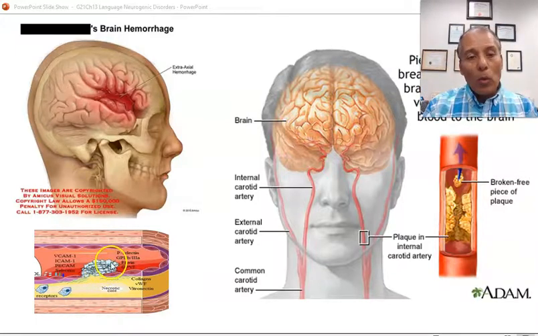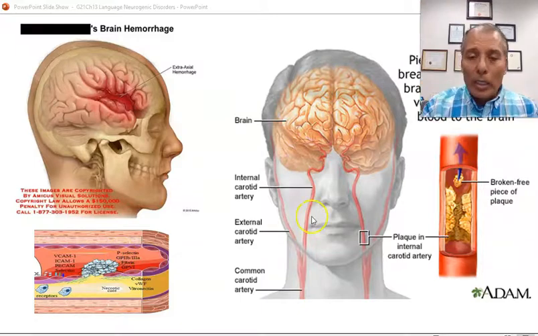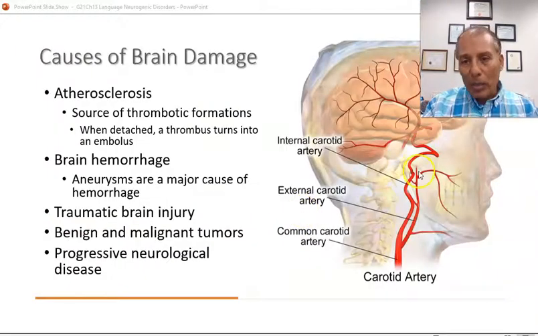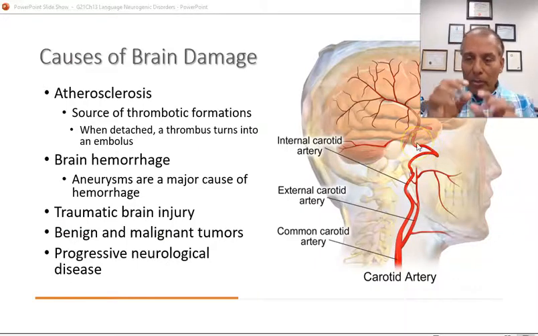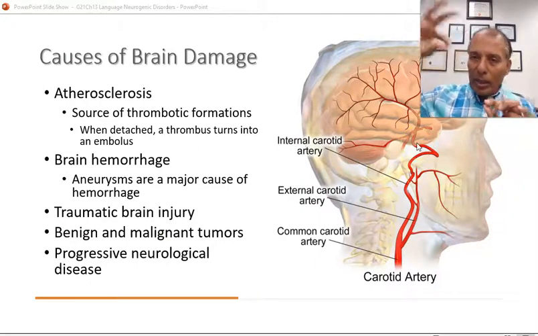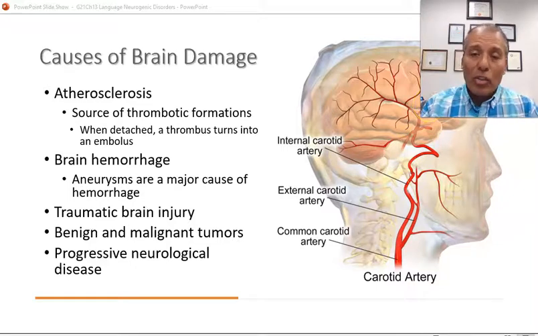Once it gets dislodged, it only has one way because the blood is flowing up. As you go upward, the blood vessels become narrower and narrower, gradually, like the branches of a tree.